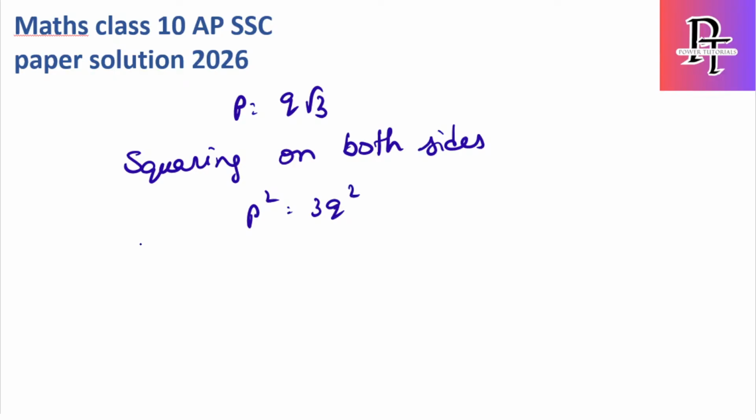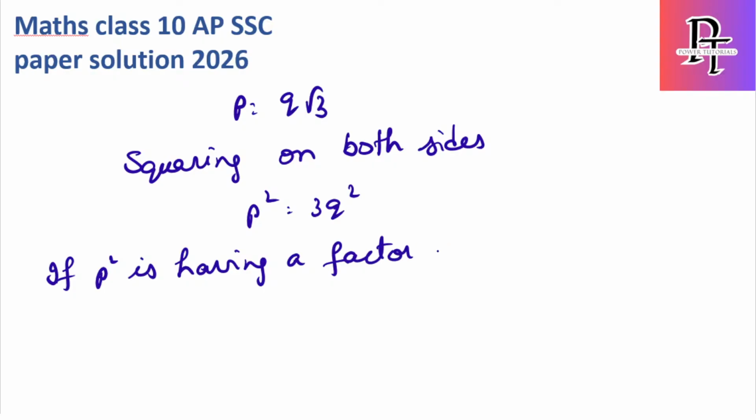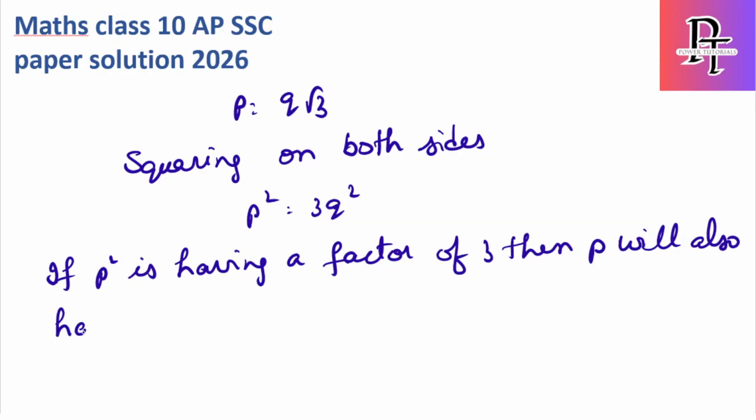So as per the condition, if p square has a factor of 3, then p will also have a factor of 3.